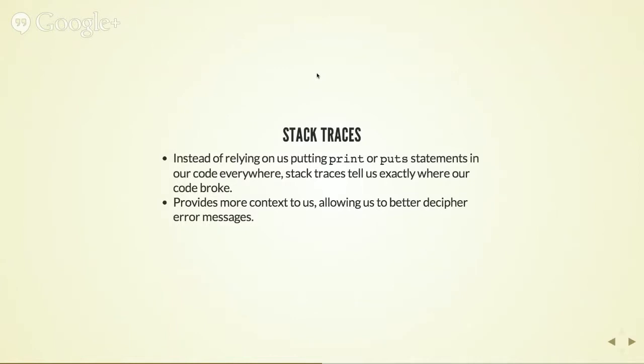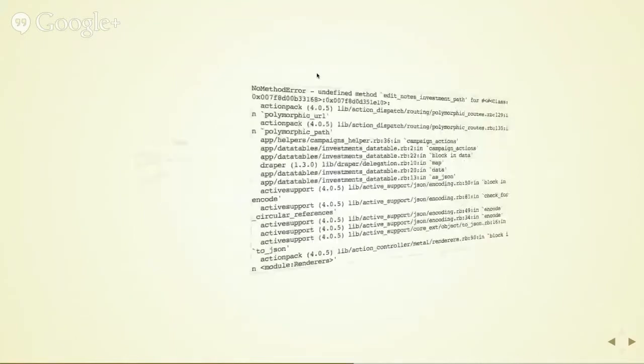Gives you your line number, your function name, file name, what have you. Even a full list of the functions that called it and where they are. So it provides a lot more context to us and allows us to know exactly why things blew up.